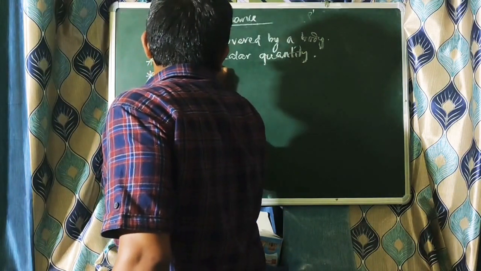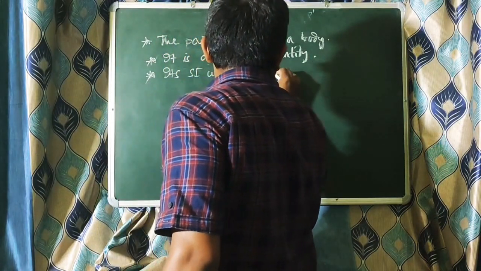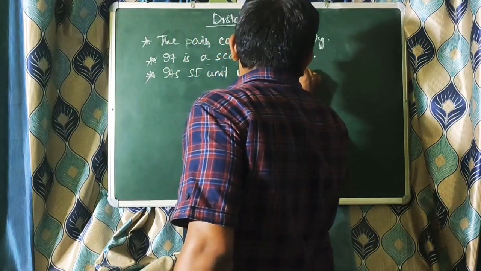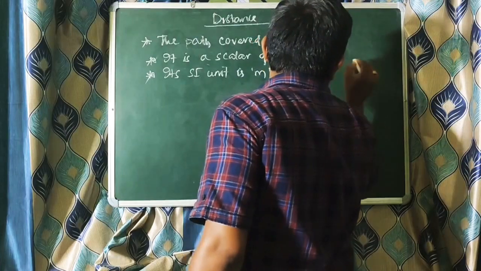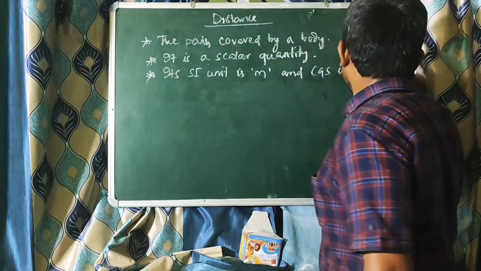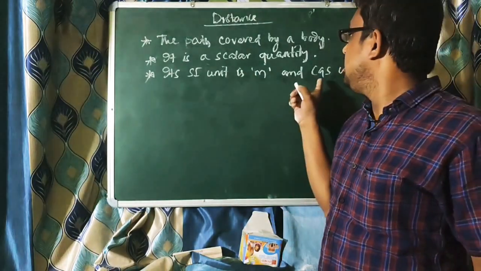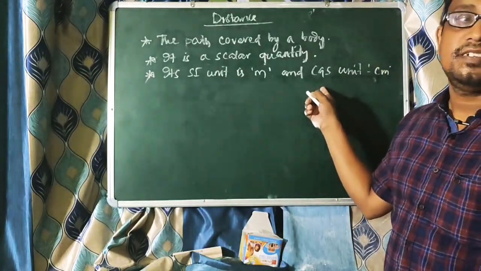Its SI unit is meter and CGS unit is centimeter. The SI unit of distance will be meter, the CGS unit of distance is centimeter.